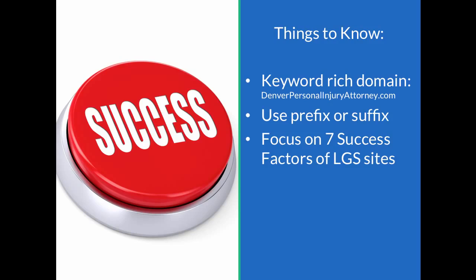We have a completely separate training video on why you should do this or that, so I'm not going to go into all those details here, but it is a best practice to have it on its own domain. And then you can use a prefix or a suffix, a small word before or after your main keyword, if that helps you get the .com domain. So it could be the Denver Personal Injury Attorney or Denver Personal Injury Attorney site.com or something like that.